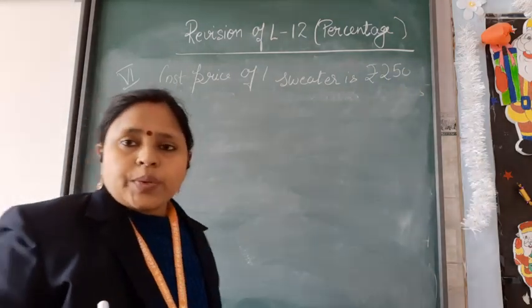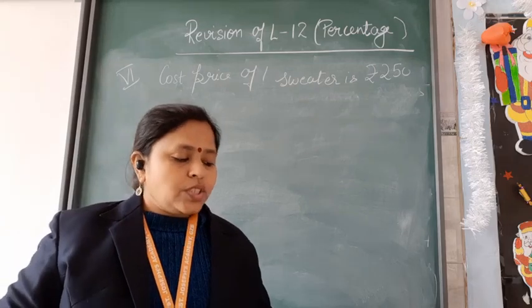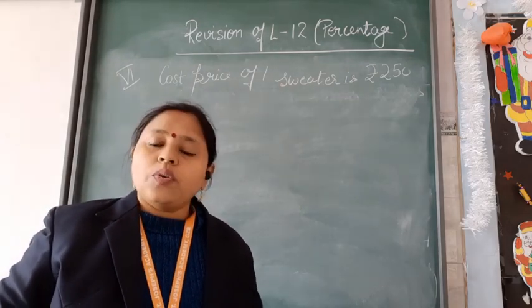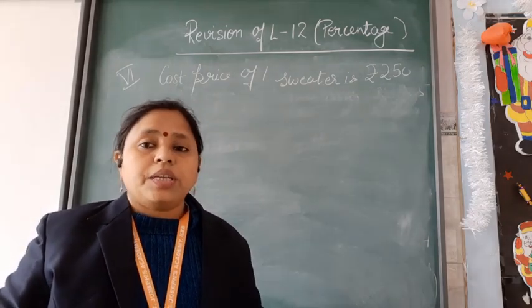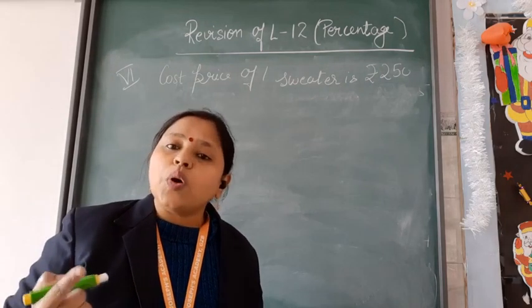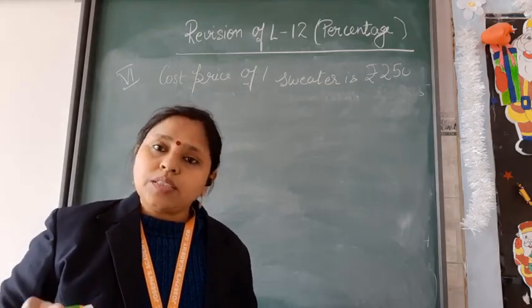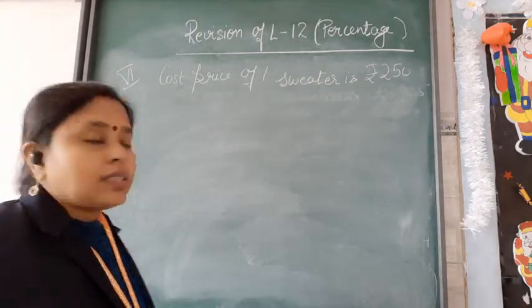So it is given in the question that the cost price of one sweater or the price at which Amrish bought the sweater was rupees 250 each. Means the price of one sweater is rupees 250, and this is the cost price. The price at which Amrish bought the sweater, and he bought 4 sweaters.